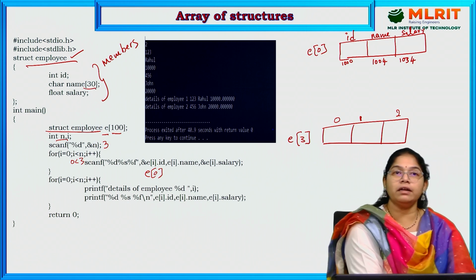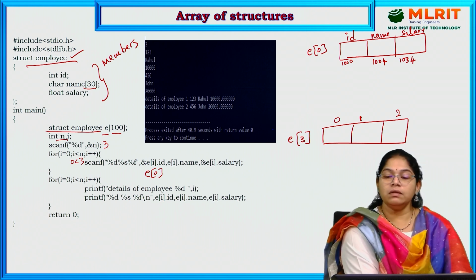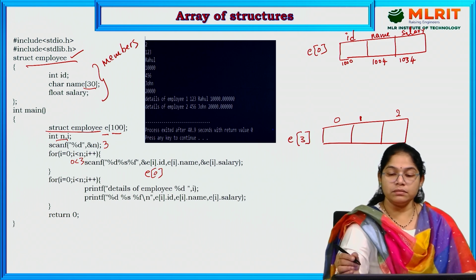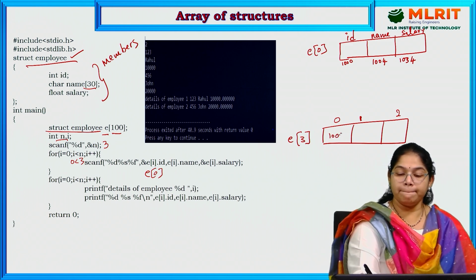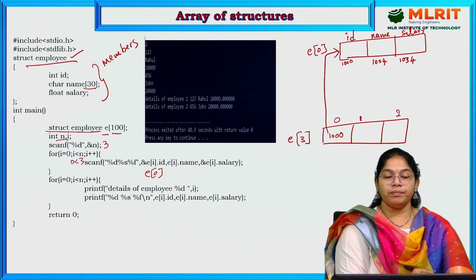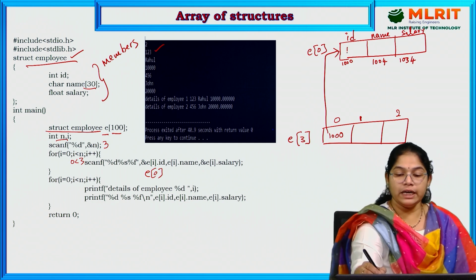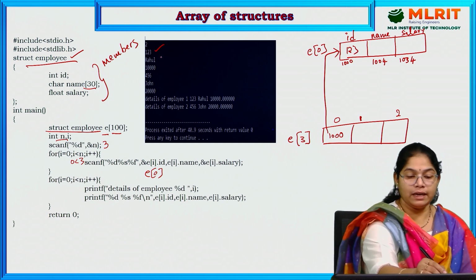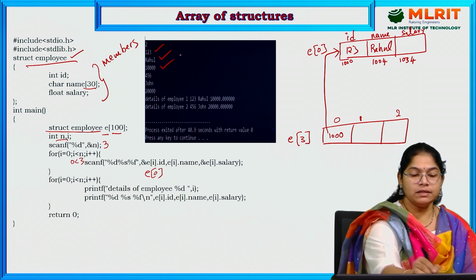It is a character array and it can store up to 30 characters, each of 1 byte. So here we are storing the base address, that means it is pointing to here. The values I have given: ID is 123, name is Rahul, and salary is 1000.